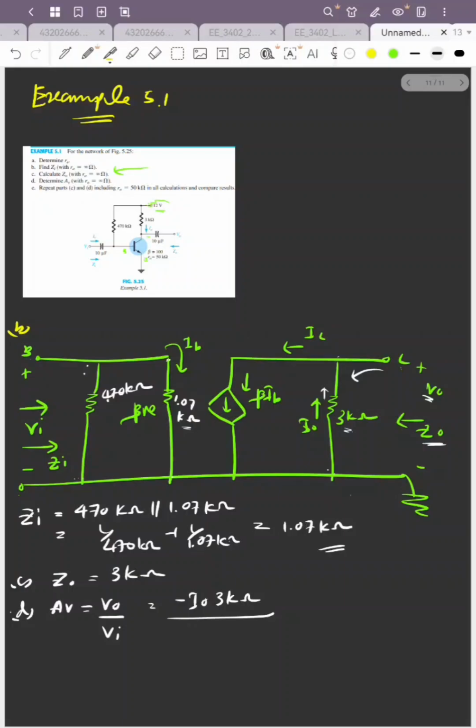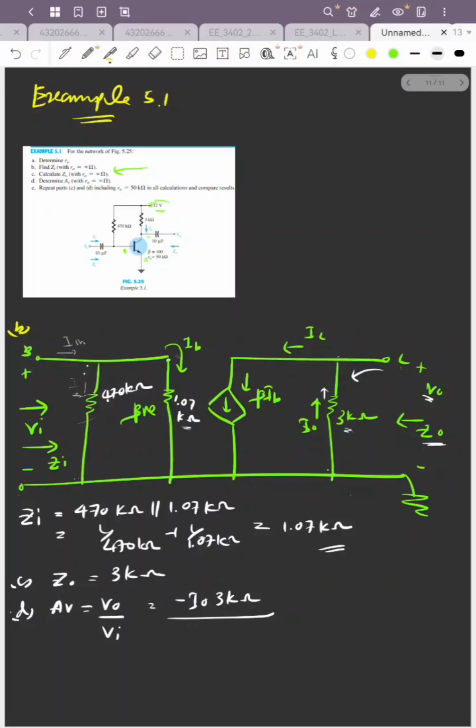So as our easiest way, we are not considering this 470 kilo ohm, because such a small current is going through it compared to this 1.07 kilo ohm. So we ignore this current and only consider this current. So I in is directly IB. There is no current through this resistor, so we are not considering this resistor anymore.